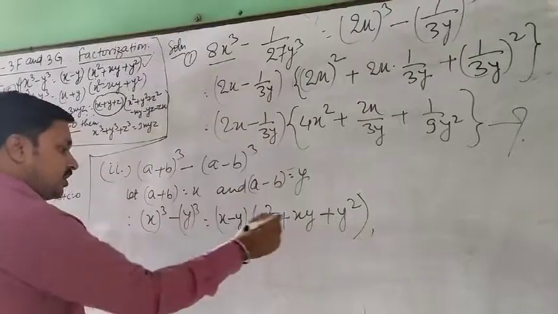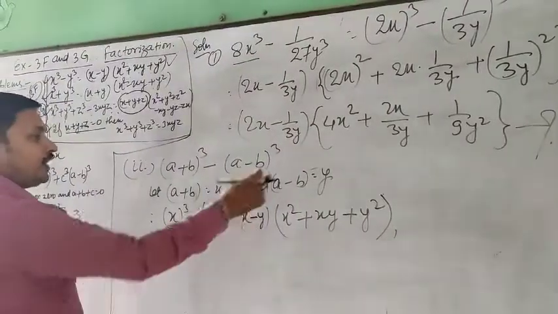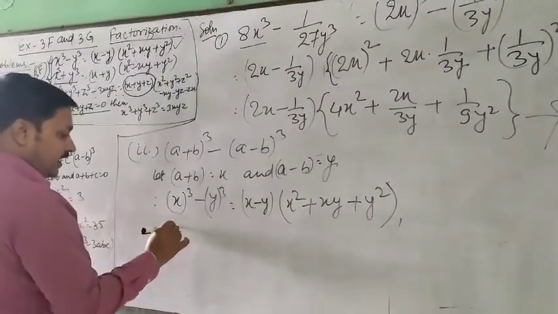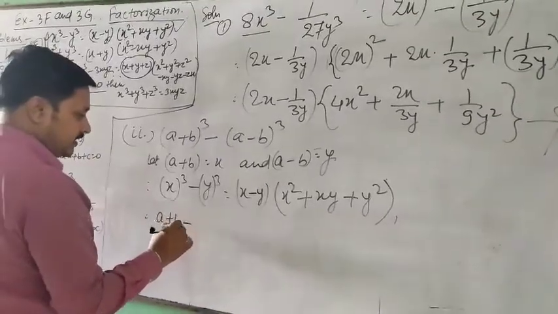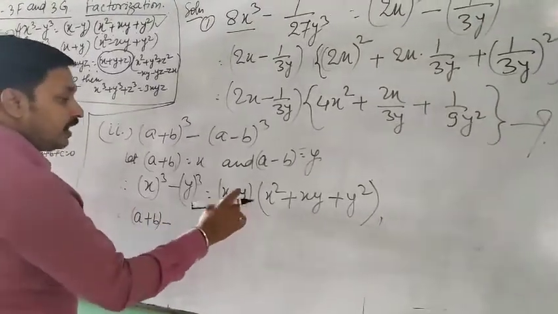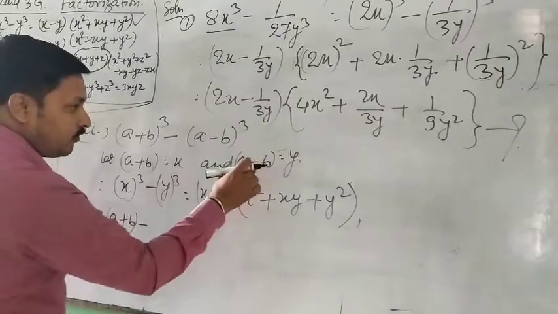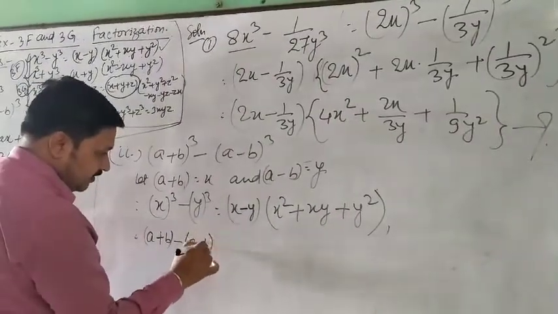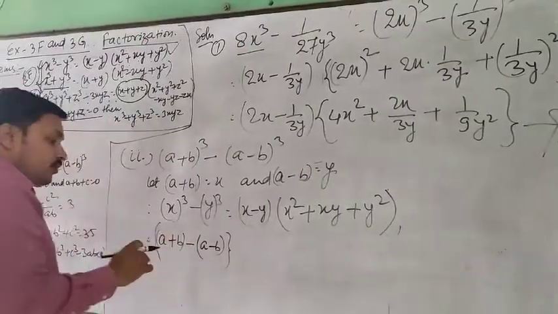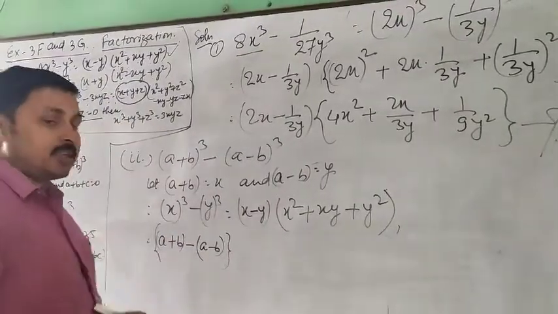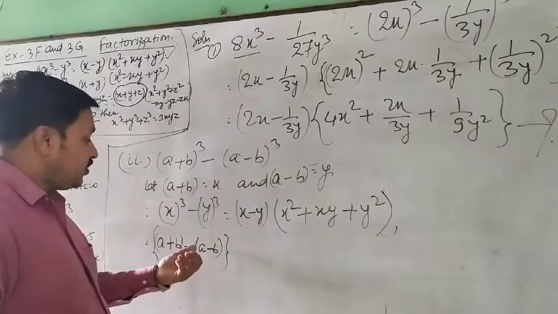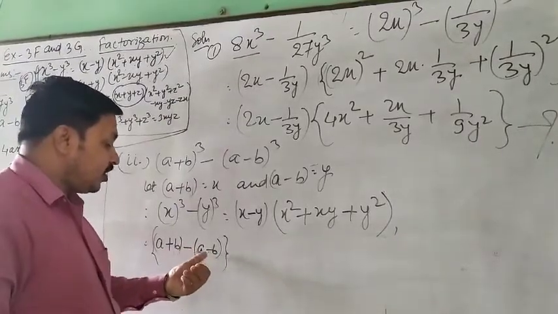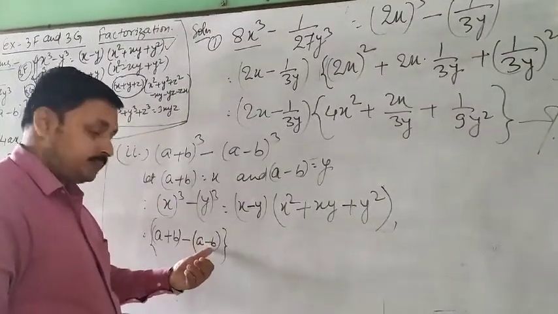So on the basis of this formula, we put here a plus b minus y. The value of y is a minus b. So we use the brackets, because if we don't use the brackets, we have problems and you can't change the sign of this term.